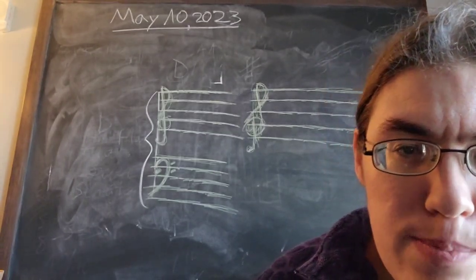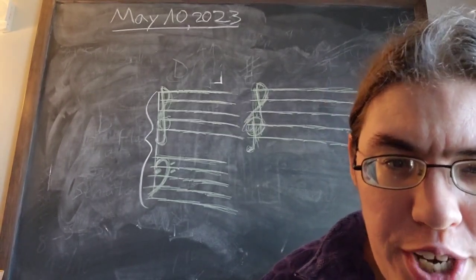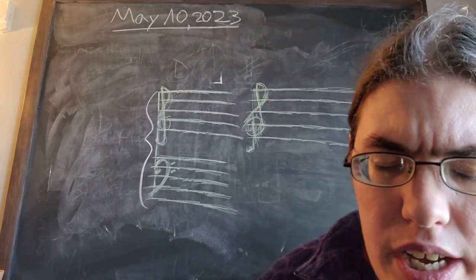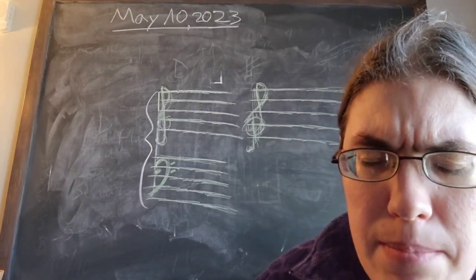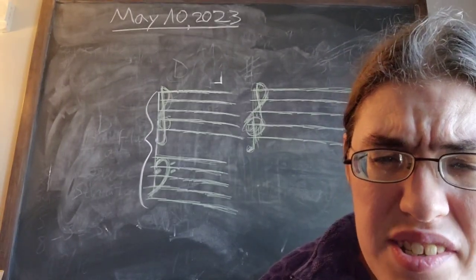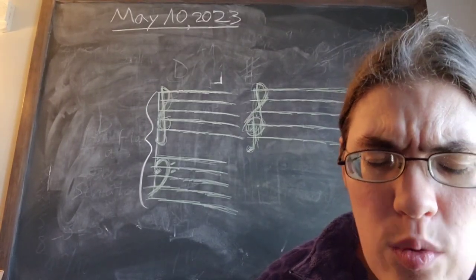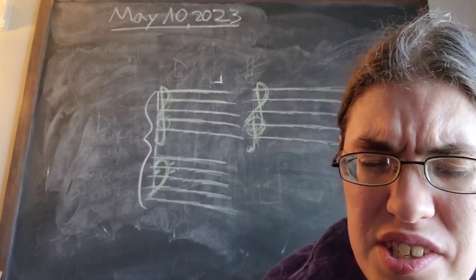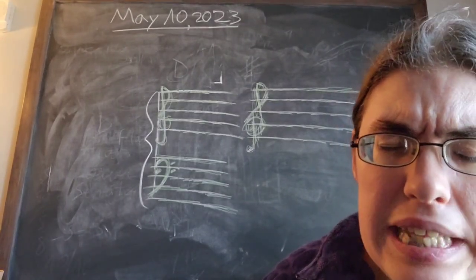I'm going to explain a little bit of the theory, how it is that they are read, and I'm also going to be playing the various scales, which again is basically just a ladder.